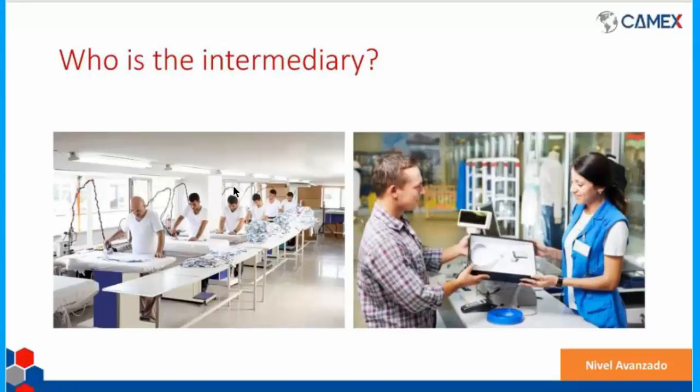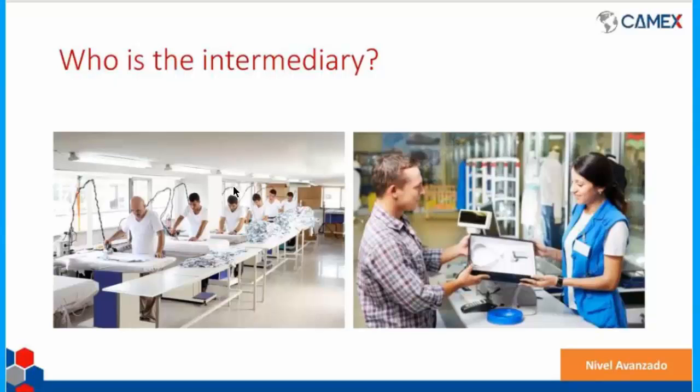Well, and here, same photos. Who is the intermediary? Who would be the intermediary? The provider and the customer. Yeah, Freddie, you are right, and Arelis is also right. You know, the intermediary is what we know as trader or broker, okay?